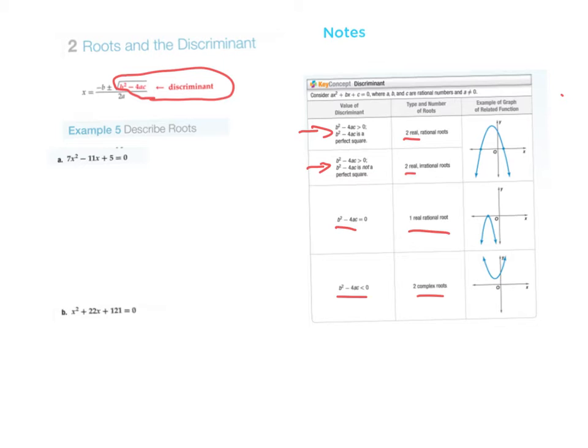So first, let's identify our A equals 7, B equals -11, and C equals 5. Once we identify them, we can now put them into the discriminant part. So B squared, so -11 squared, minus 4 times A, which is 7, times C, which is 5. So let's just do the math of this.